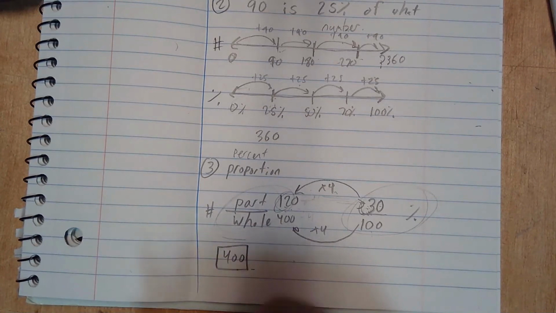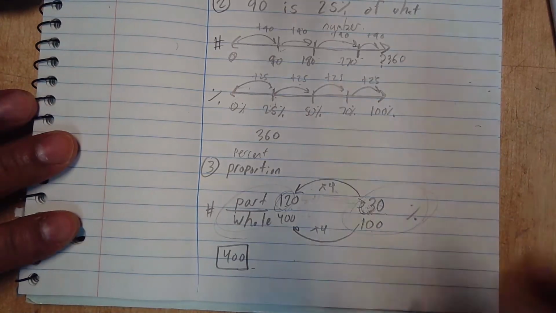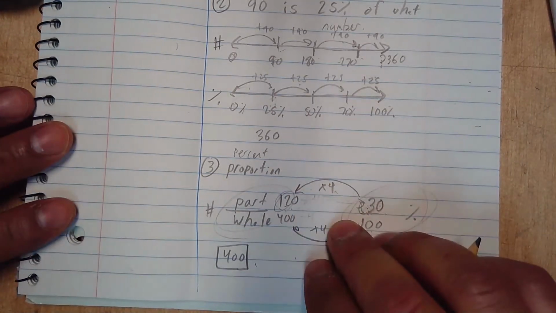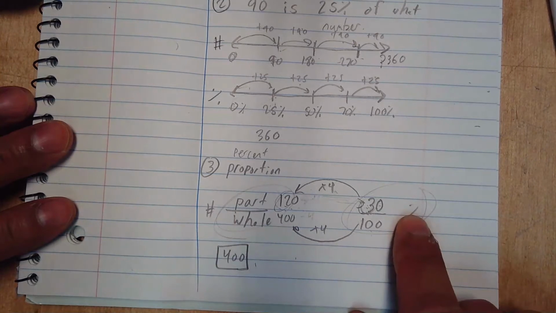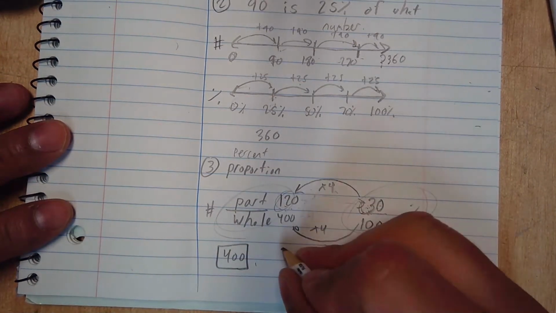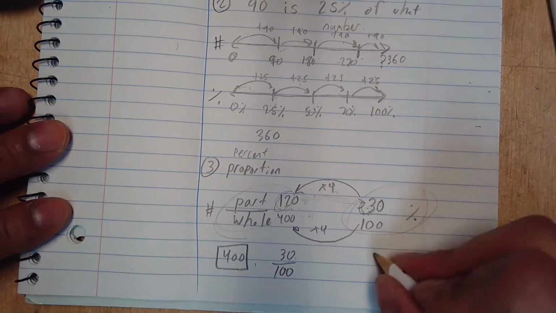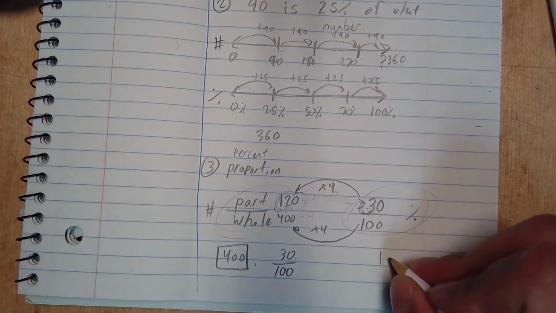Okay? It's just thinking. Now, let me mention one other thing before I move on. If this still bothers you, you notice I wrote part to whole and the percent ratio here. You can always switch it around. I can do this and do this here. Is it 120 that I'm looking at?